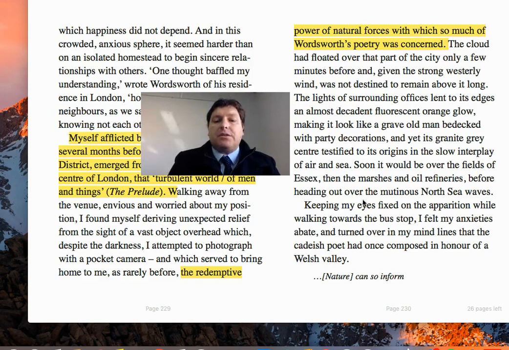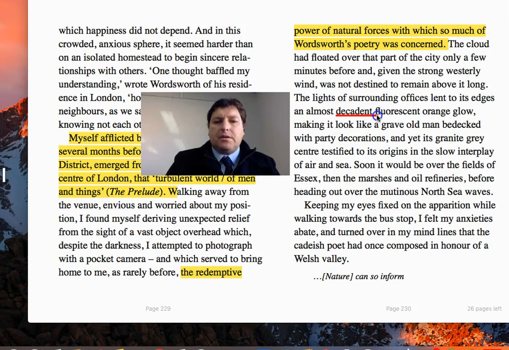Soon it would be over the fields of Essex," and so it goes. "Keeping my eyes fixed on the apparition, whilst walking toward the bus stop, I felt my anxieties abate, and turned over in my mind the lines that the Cumbrian poet had once composed in honour of a Welsh valley."